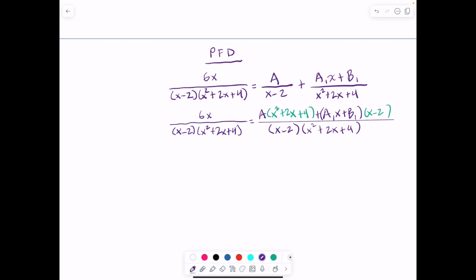Groovy? Now that we have our common denominator, we can just work on equating the numerators.